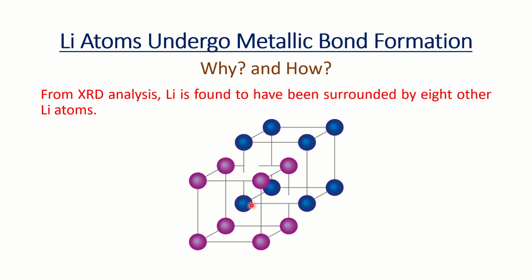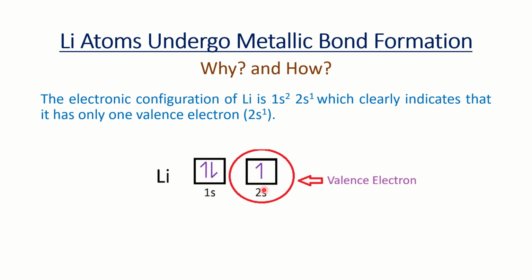On the other hand, this blue apex becomes the body center of this violet unit cell. And this way, one atom is surrounded by 8 other nearest neighbors. The blue one is surrounded by 8 violet ones. On the other hand, this violet one is surrounded by 8 blue ones. So this way, lithium forms a metallic structure.